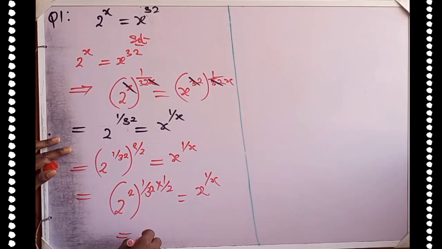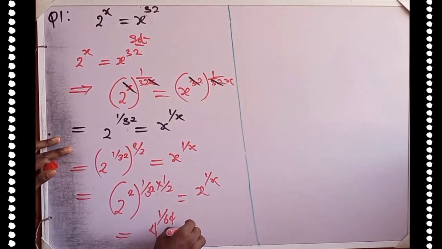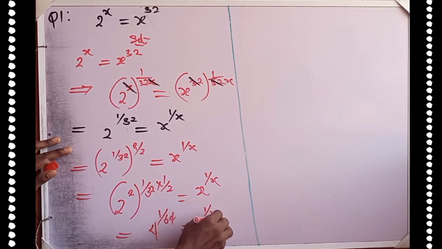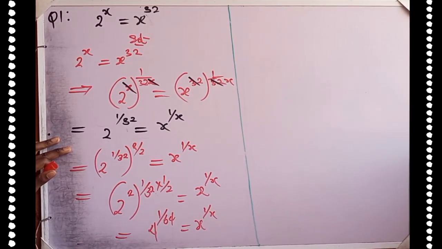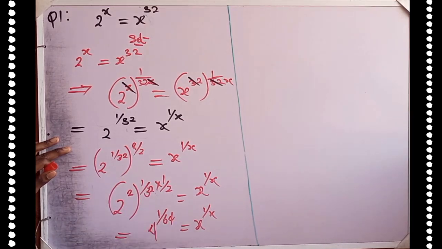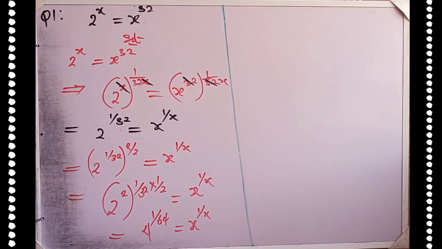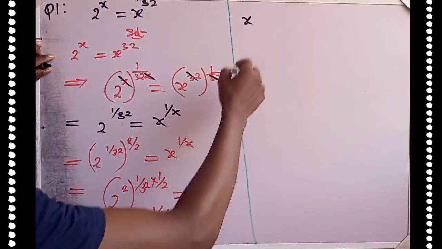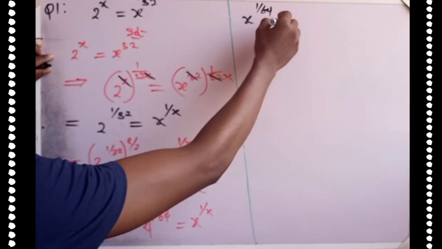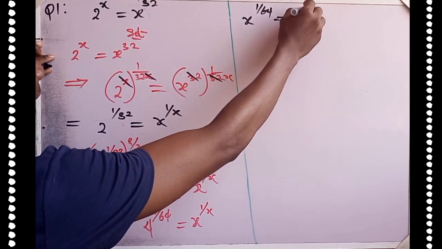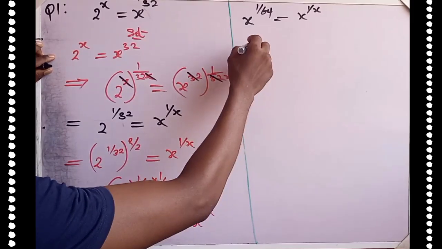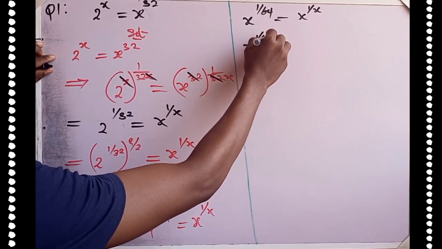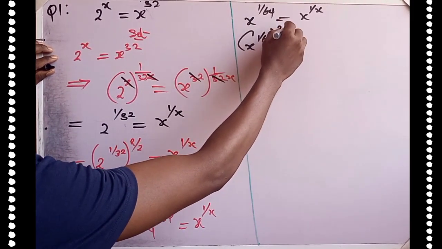So this will give me 4 to the power of 1 upon 64, which equals x to the power of 1 upon x. At this point, I have still not succeeded in getting them to be the same. So I'll keep repeating what I did here until they are the same. So let's use the other side of the board. I have 4 to the power of 1 upon 64 equals x to the power of 1 upon x. So I'm going to raise it to the power of 2 upon 2.